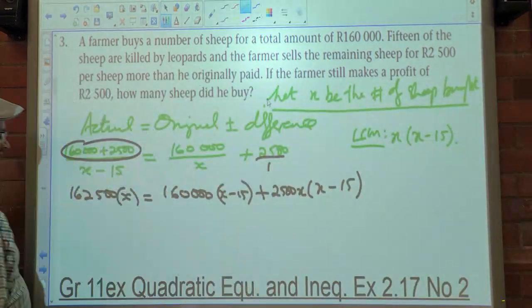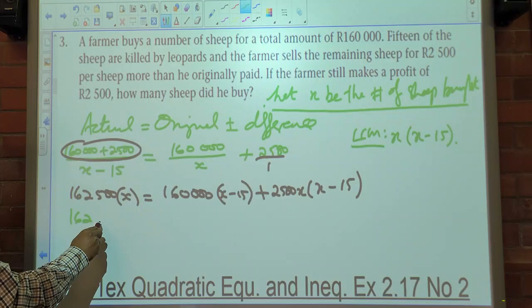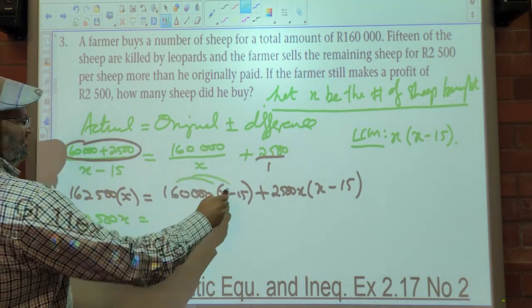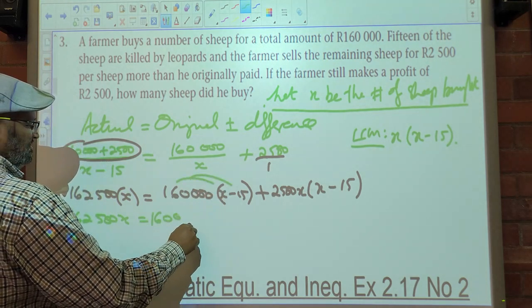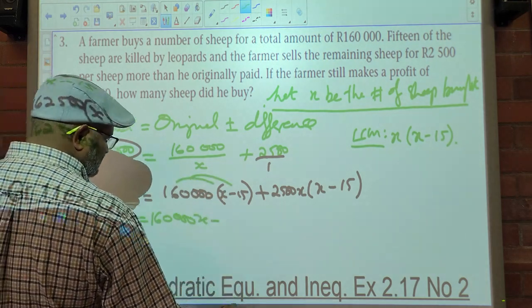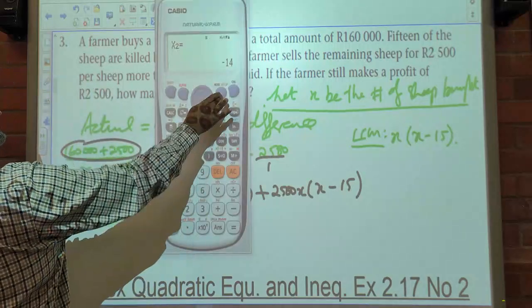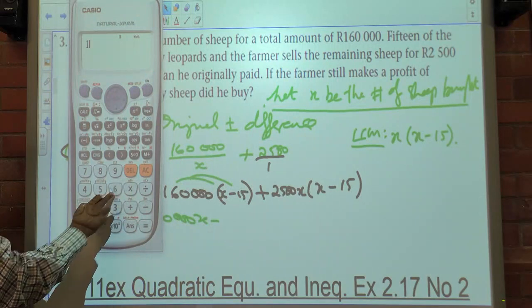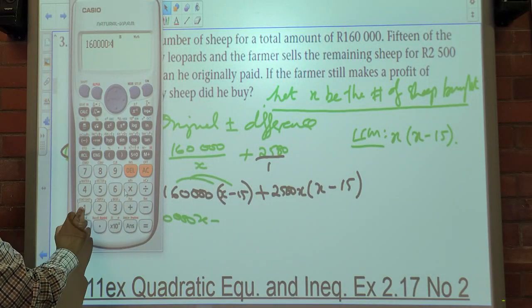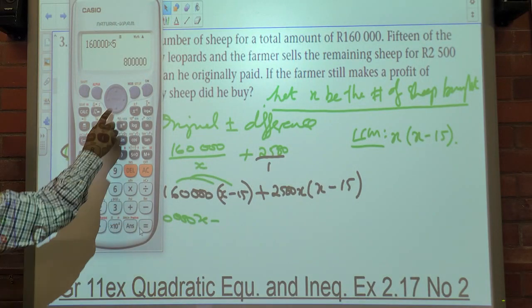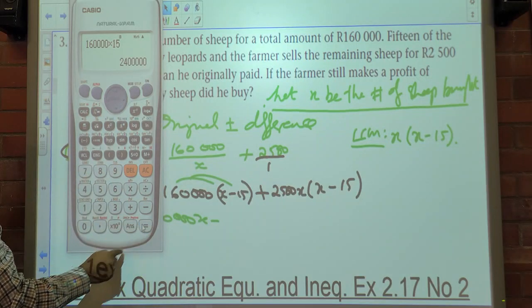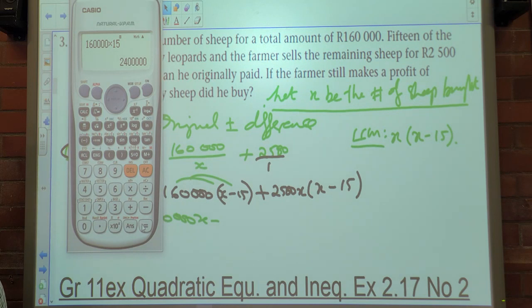So what do we get now? 162,500x equals, get rid of that bracket, it's 160,000x minus 160,000 multiplied by 15 gives us 2,400,000. It doesn't sound like you did your homework.